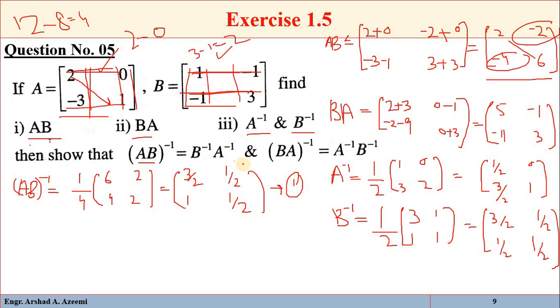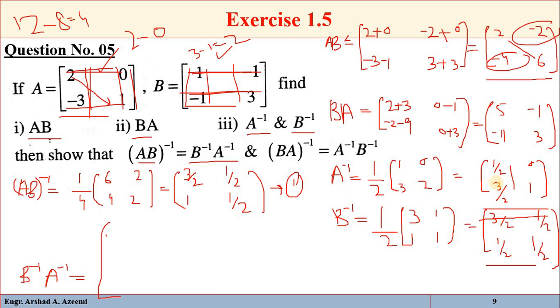Okay, now we have to find out B inverse multiplied by A inverse, mean B inverse multiplied by A inverse. So that will be equal to, again see, we have B inverse is 2 by 2 matrix, A inverse is 2 by 2 matrix. So multiply B with A. Okay, so the first row with first column.